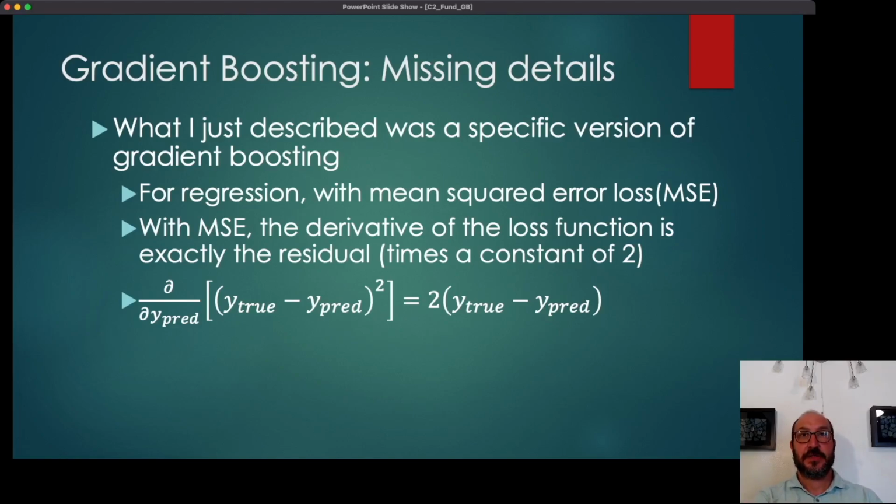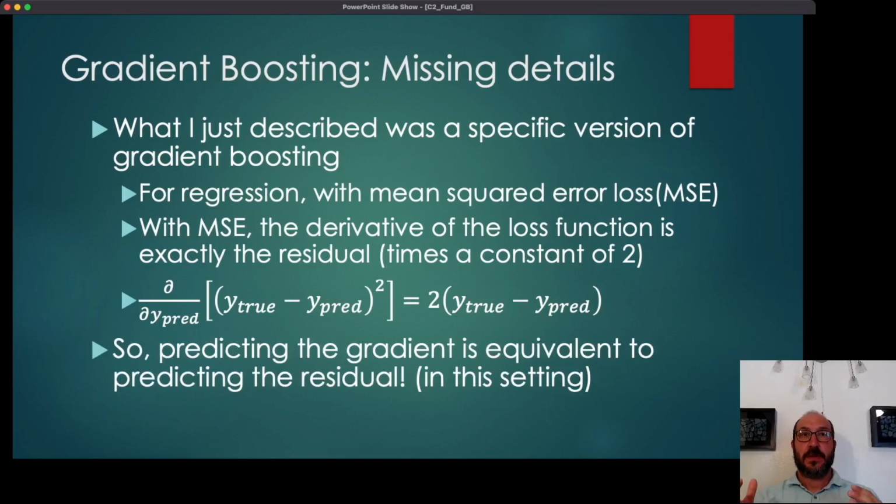And you see, if you do this derivative, you simply end up with 2 times y true minus y pred. Y true minus y pred, as we said, is the residual, times a constant of 2. That constant ends up not mattering, gets absorbed into that learning rate. So the way to think about it is with mean squared error, the gradient of the loss function is more or less exactly the residual. It's proportional to the residual.